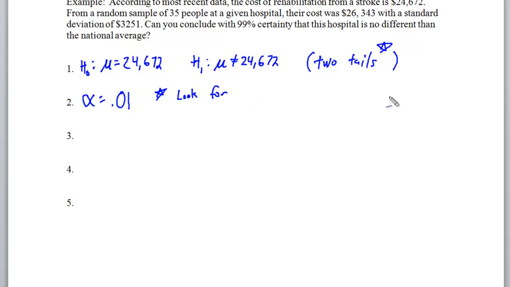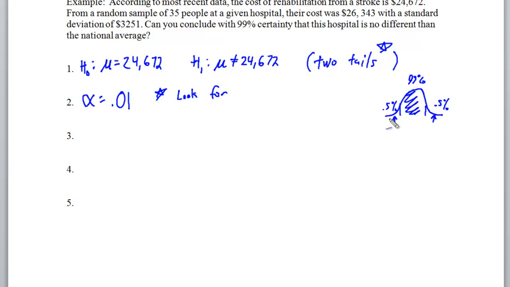If 99% is between these two lines, here and here, then we want 0.5% here and 0.5% here. So this is what we're looking at.